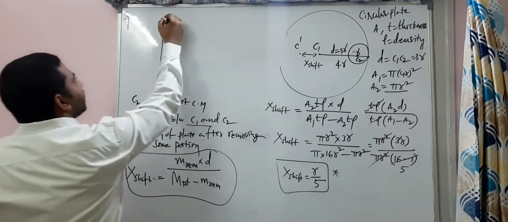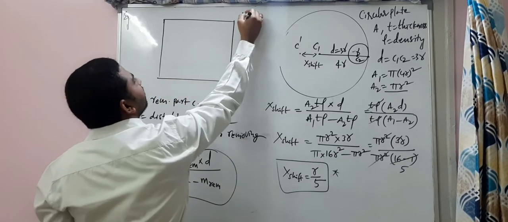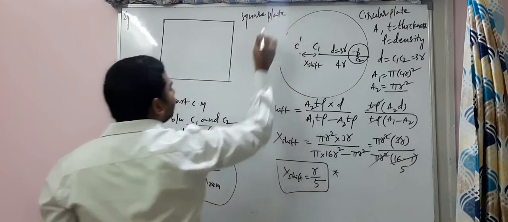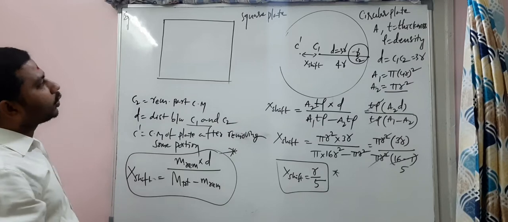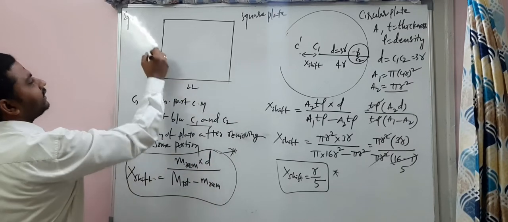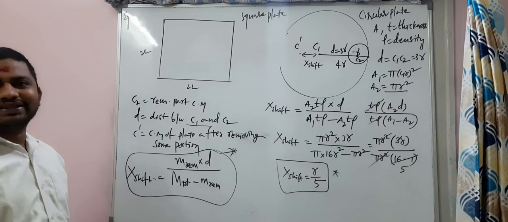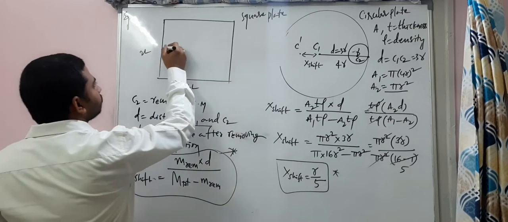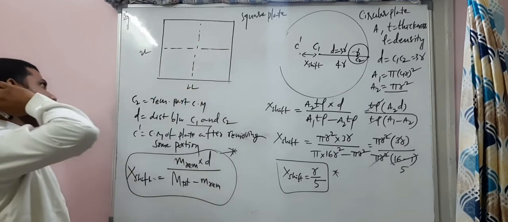The question is: there is a square metal plate. See, each and every detail I'll give you. The only thing is that you have to do it using this formula instead. It is a square plate whose side length is 2L. Now I'm making it into 4 equal parts.